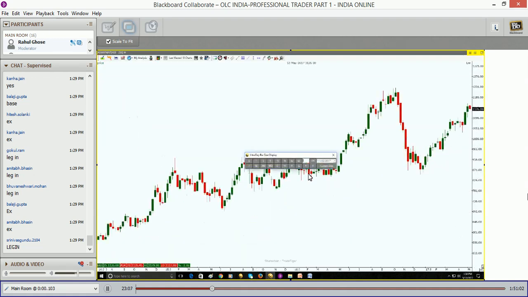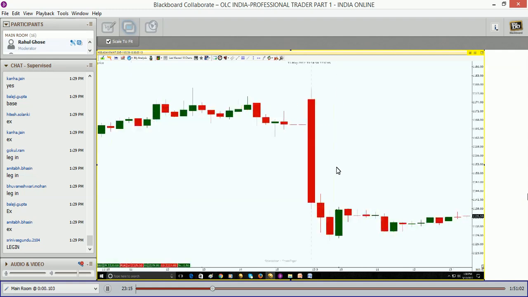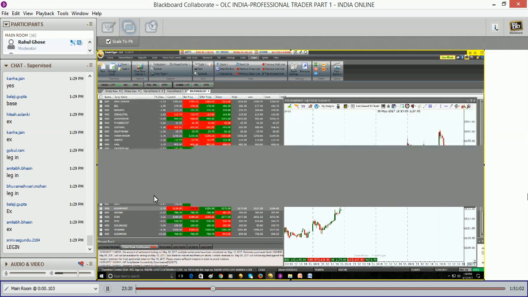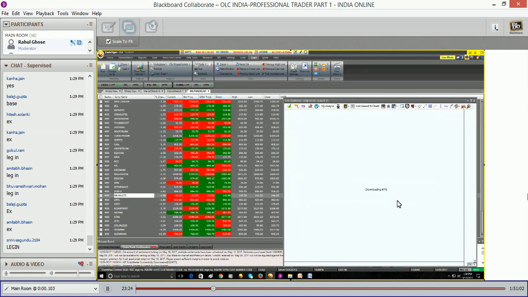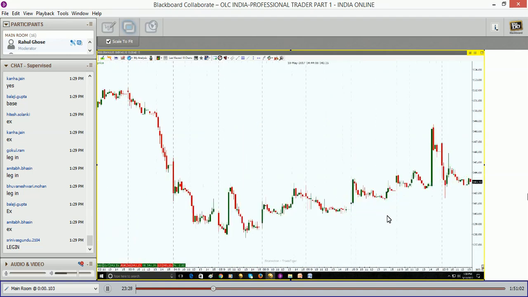Okay, and now I'm going to go into a smaller time frame. I'm going to go into the 15-minute chart. Let's look at an example. Let's look for a good zone.